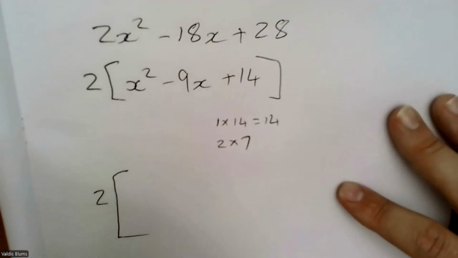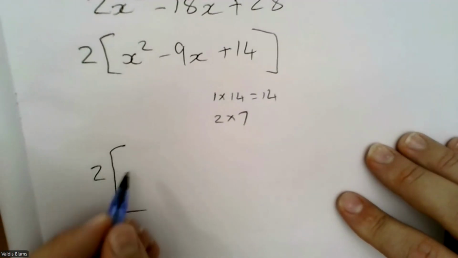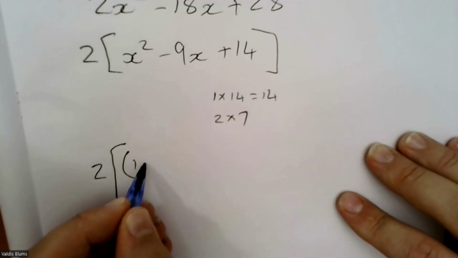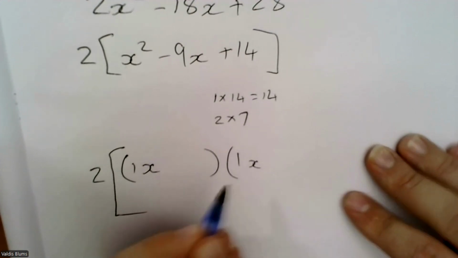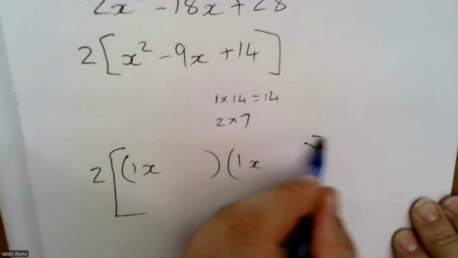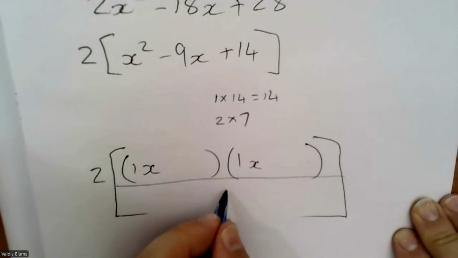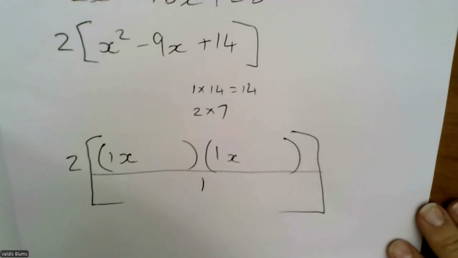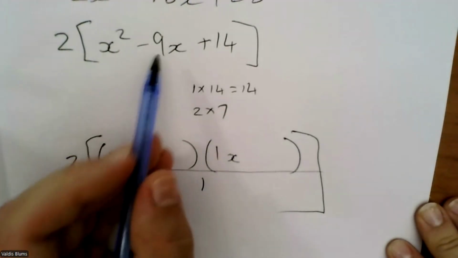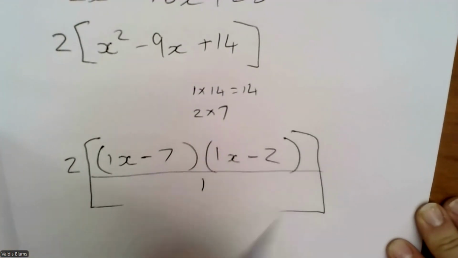And then we're just plugging these straight into the Australian method. So our coefficient is 1. So we have 1x in each of these brackets. Now I'm just writing out the 1, just to try and make it a little bit clearer. But generally, if it's 1, you wouldn't write out 1. Now we had a -7 and a -2.